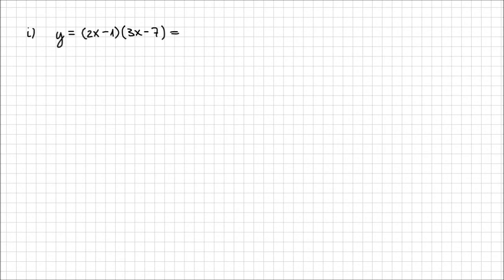So in order to expand this expression, I'm going to take each term and multiply it with every term in the next expression, just like you see here. And the result is going to be 6x squared minus 14x minus 3x plus 7. Let's add together all the like terms.